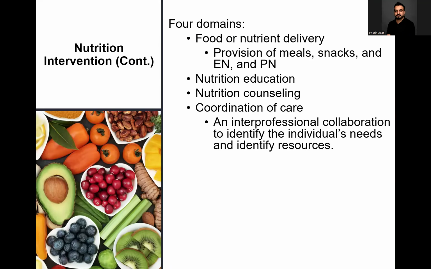The nutrition intervention has four domains. The first one is food and nutrient delivery. Can be enteral nutrition, parenteral nutrition, or provision of meals, snacks. Nutrition education is a kind of nutrition intervention.